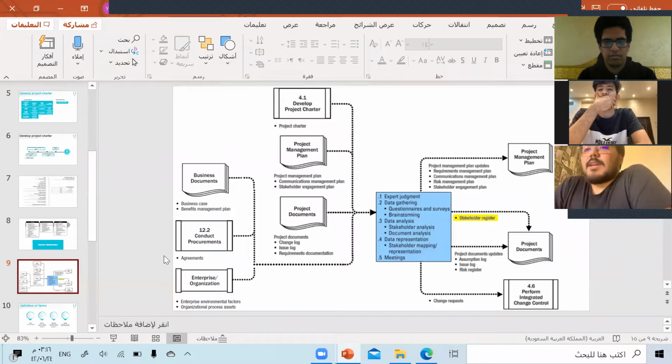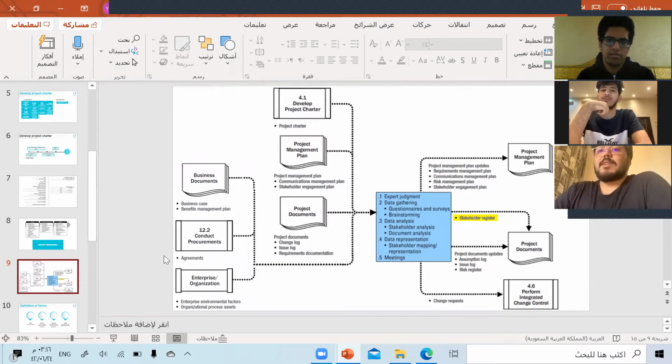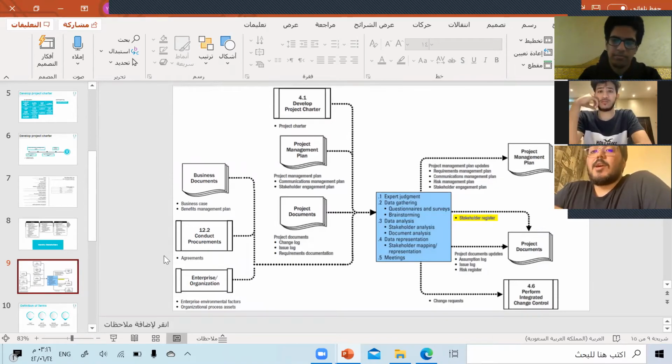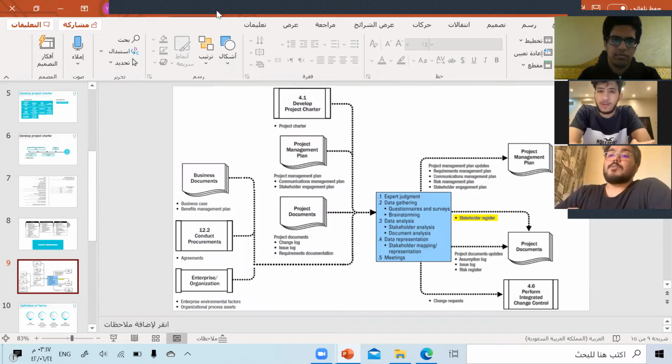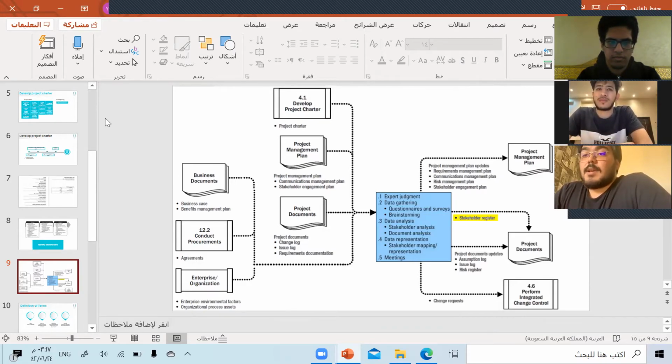As we see on the left-hand side of the blue box, we have 4.1, which is develop project charter, which my friends will talk about in a few minutes. We also have the project management plan. All the inputs are on the left-hand side, the blue box holds the tools and techniques that we will use to get the outputs, and on the right-hand side are the outputs of the stakeholders. Next, please.